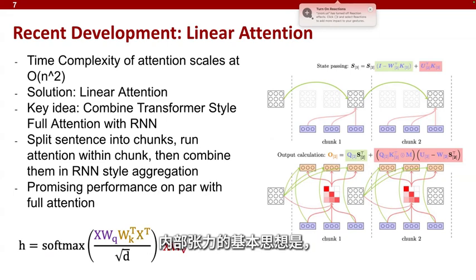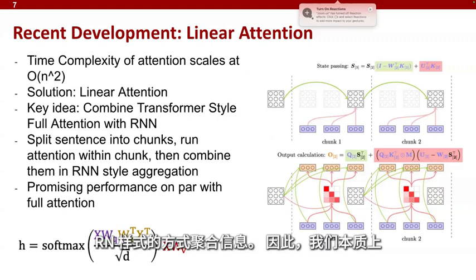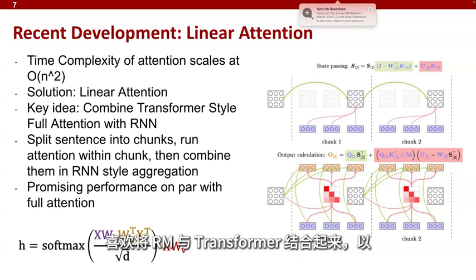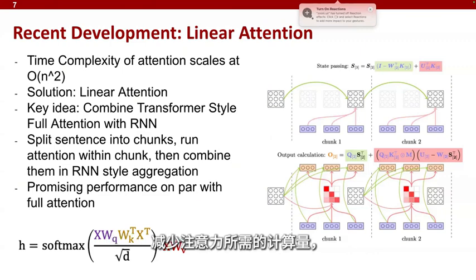The basic idea of linear attention is that we split the very long input document into chunks, and we run attention within each chunk, so that a sentence can interact with other words in the same chunk, and then we aggregate the information in an RNN-style manner. So we essentially combine the RNN with the transformer to reduce the computation needed for attention.